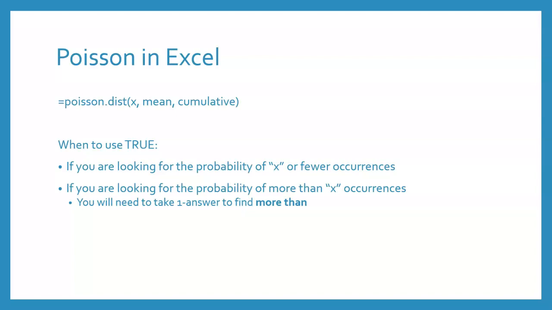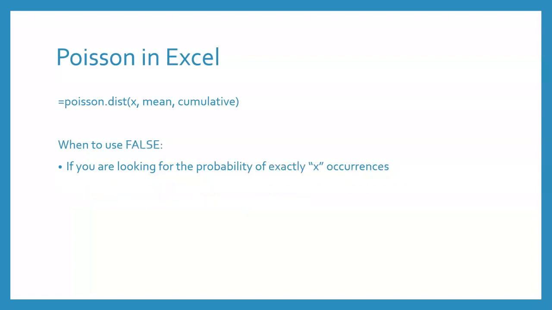Now, we could also use true if we need to know the probability of more than X. So the probability that more than 10 customers will arrive. And in that case, we would then also need to do 1 minus whatever this Excel function gives us. And that's how we can find the probability of more than the X number of occurrences.